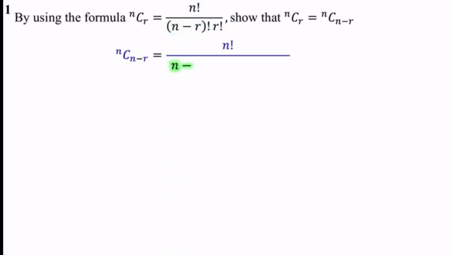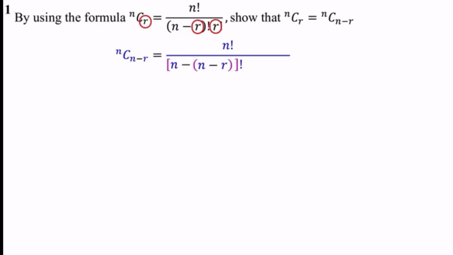nC(n minus r) is equal to n factorial over (n minus, now our r is n minus r). See that? In nCr we have n minus r and r factorial. But now we are having r which is not r, it is n minus r.